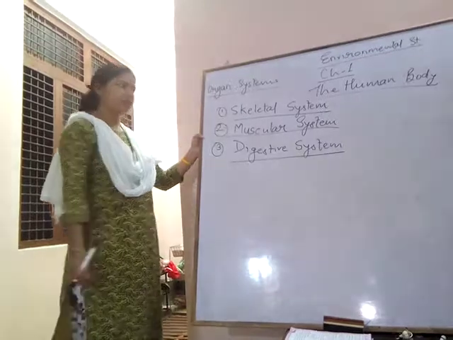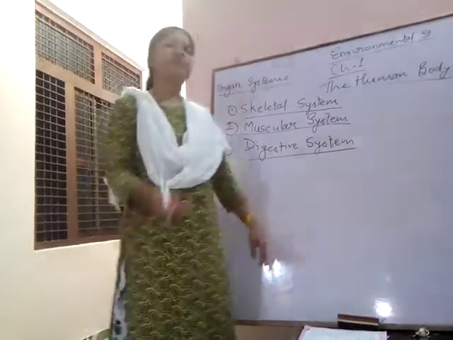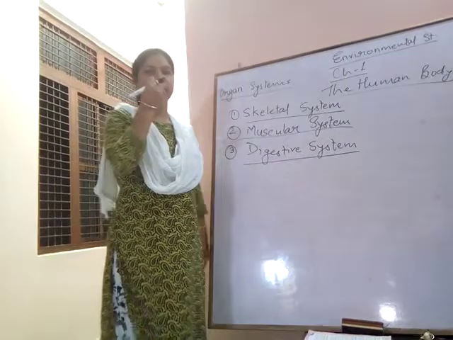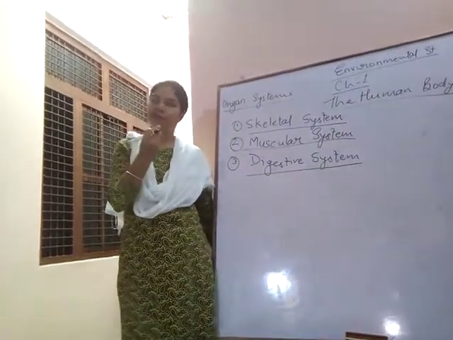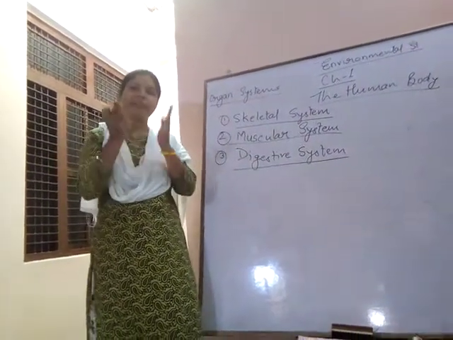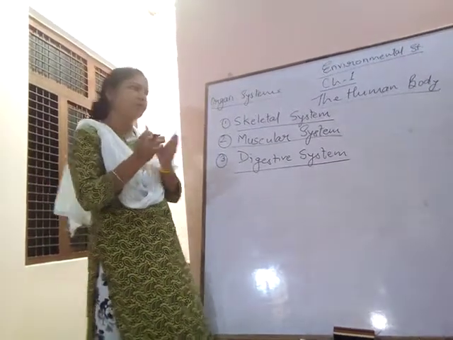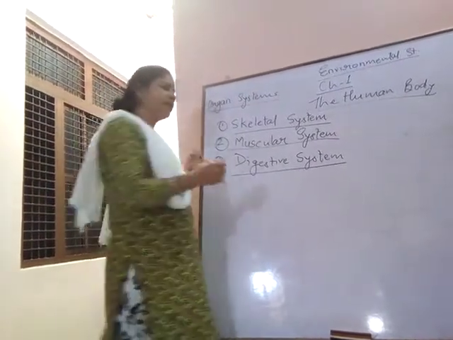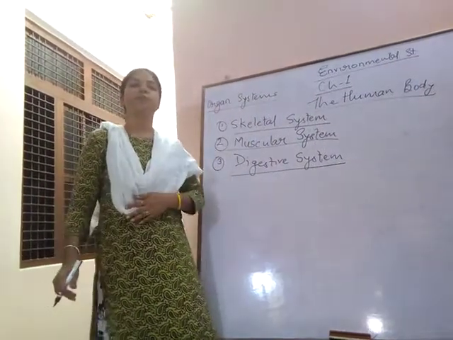See, our digestion starts from our mouth. When we are eating something, it goes to our mouth and we chew the food. We have saliva in our mouth that mixes with the food and makes it slimy. When the food becomes slimy, it is sent through the esophagus to the stomach.